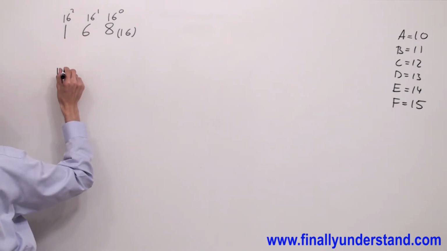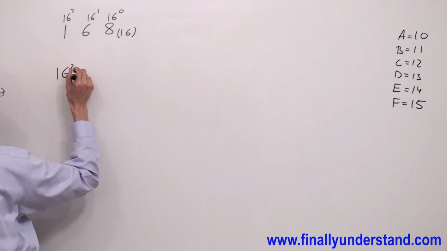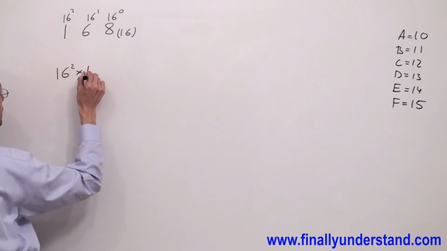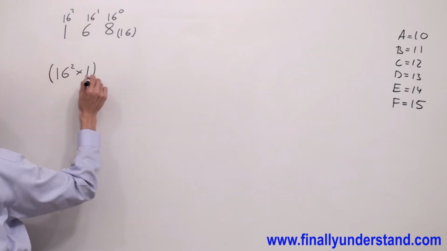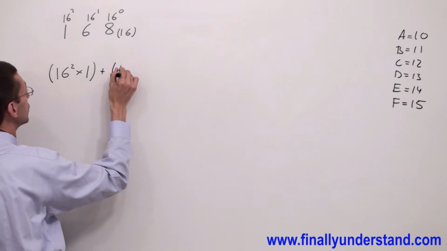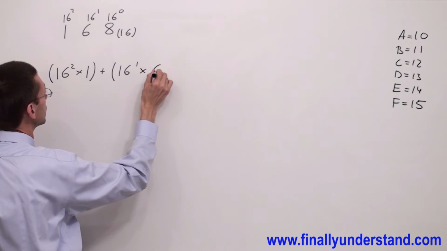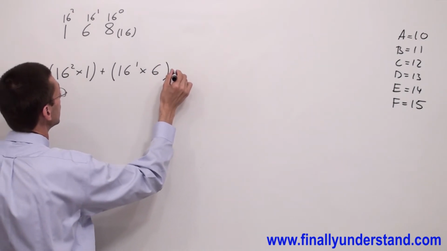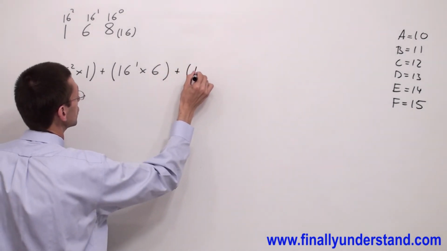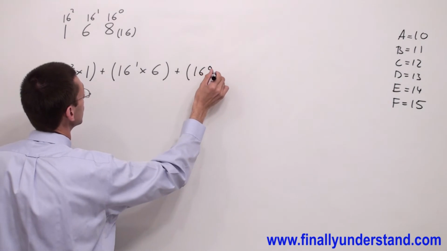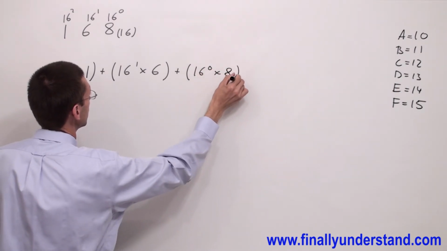Simply multiply 16 to the second power times 1 plus 16 to the first power times 6 plus 16 to 0 times 8.